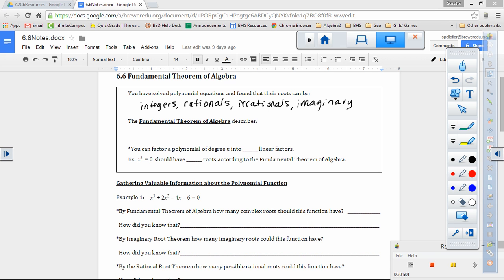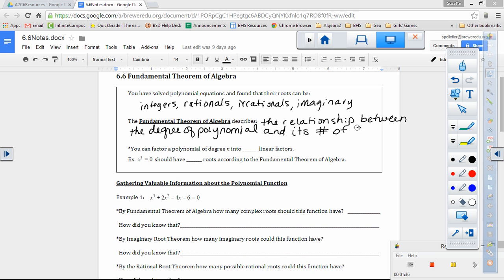The fundamental theorem of algebra describes the relationship between the degree of the polynomial and its number of zeros.